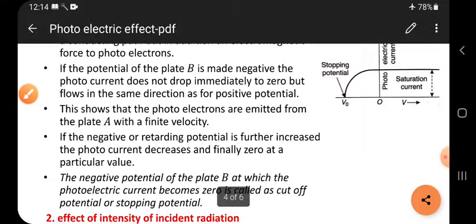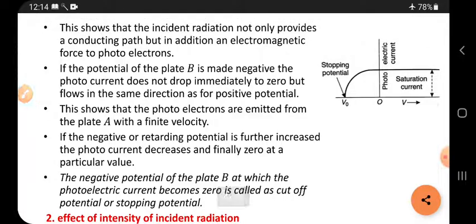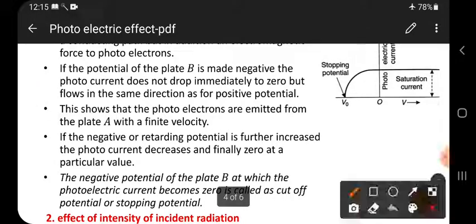See, if the potential of plate B is made negative, the photocurrent does not drop immediately to 0 but flows in the same direction as for positive potential. Okay, what I said just now.